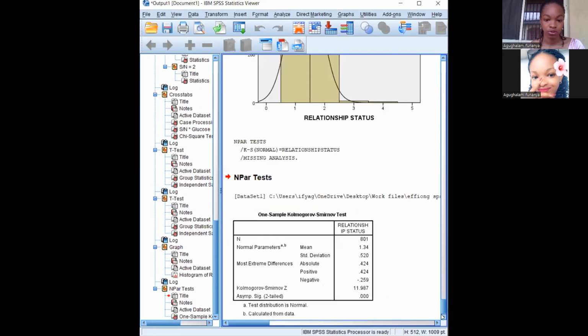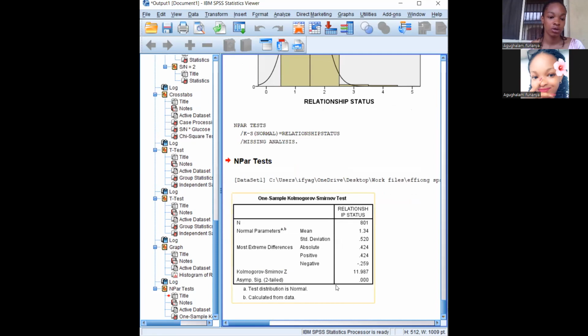All right. So this is our Kolmogorov-Smirnov test. Remember in SPSS, our p-value is always written as Sig. Here it's 0.00001, so it's still close to zero, and definitely less than 0.005.